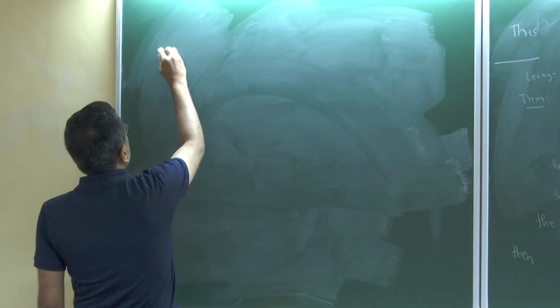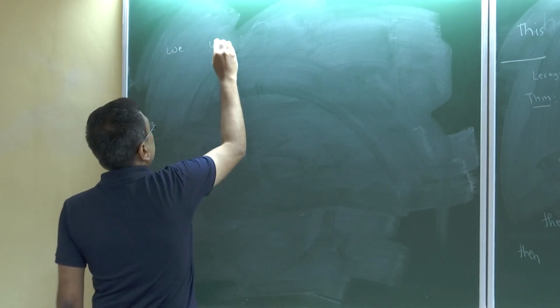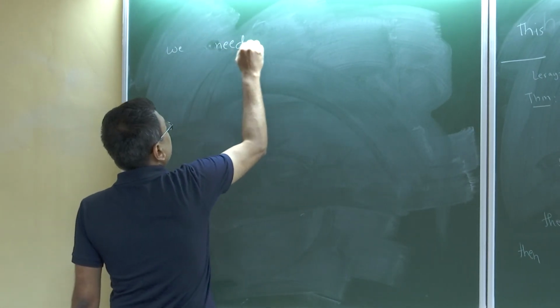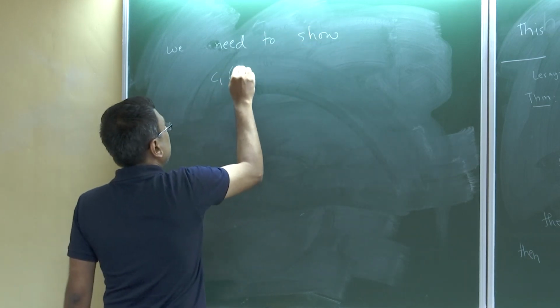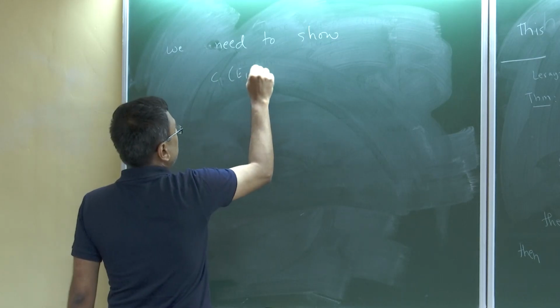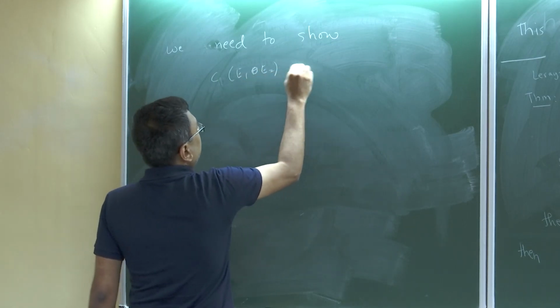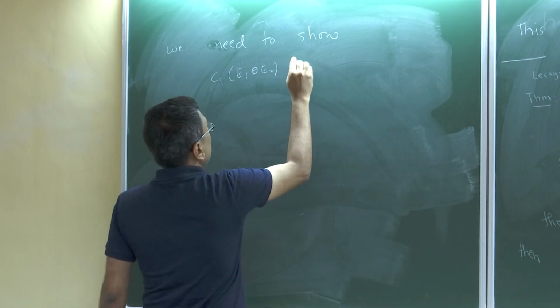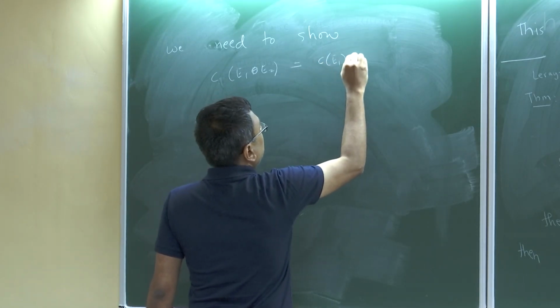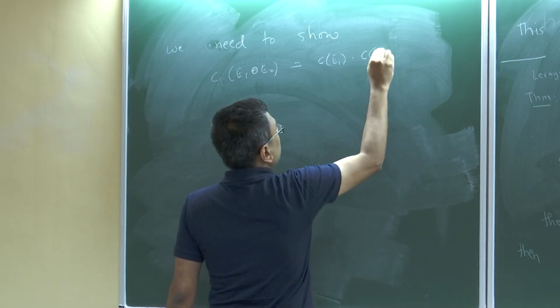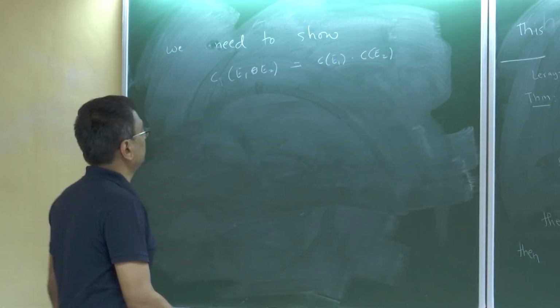So we need to show that C of E1 direct sum E2, not just C1, is equal to C of E1 times C of E2. Let us prove this.